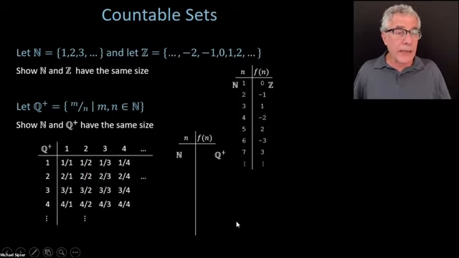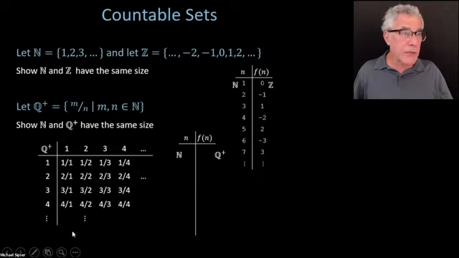And to do that, I'm going to write down over here on the side, just to help you see how I'm getting this table, a separate table that has all of the positive rational numbers appearing in a nicely organized way. Here are all of the rational numbers that have 1 as a numerator, that have 2 as a numerator, and so on, and going across the columns, the different denominators.